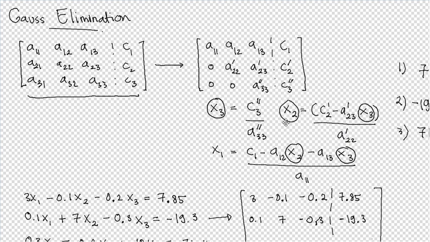After having x2 and x3, you can calculate x1, and x1 is like this, with x2 and x3 here so that you can find x1. So this is how the Gauss elimination works.